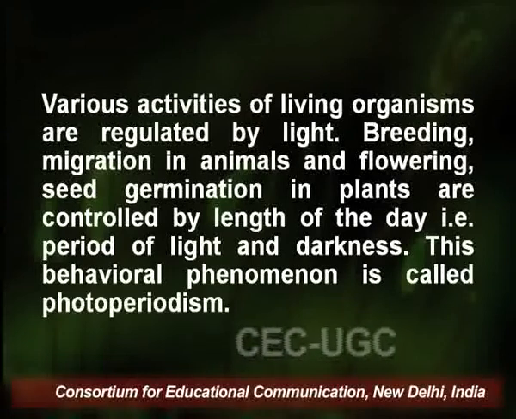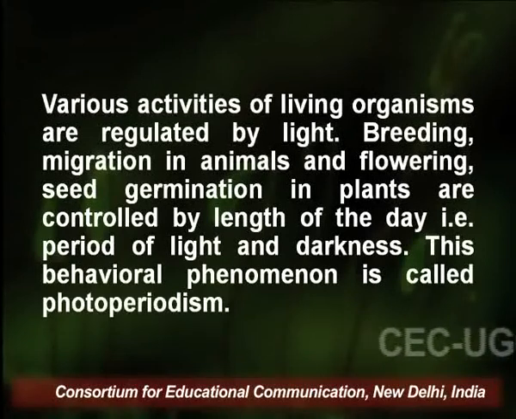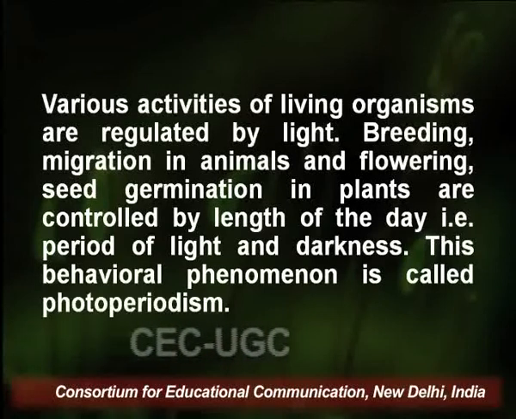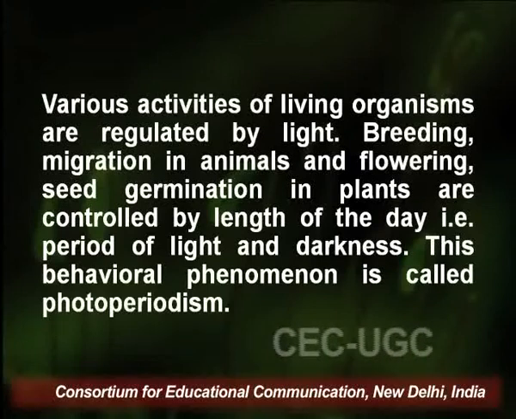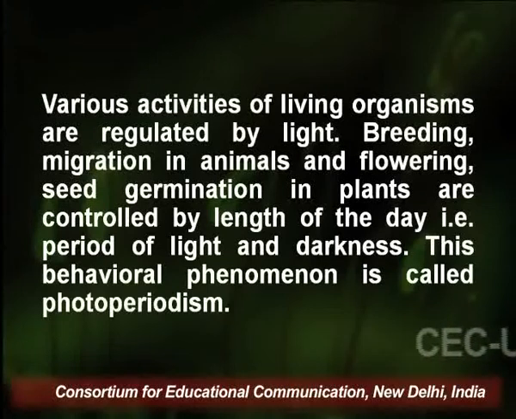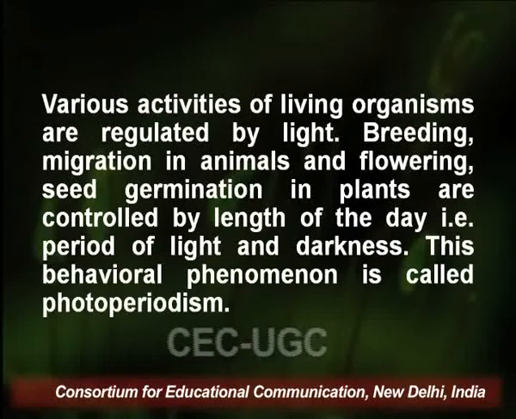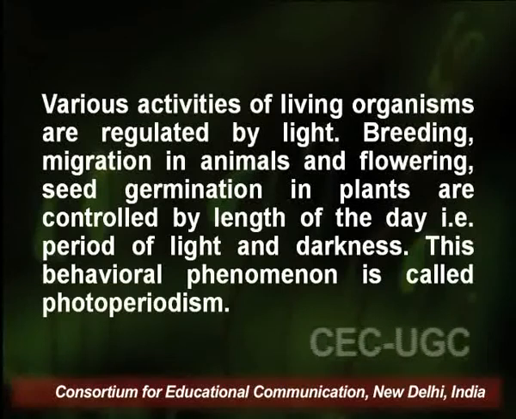Various activities of living organisms are regulated by light. Breeding and migration in animals, and flowering and seed germination in plants are controlled by the length of the day, that is, the period of light and darkness. This behavioral phenomenon is called photoperiodism.